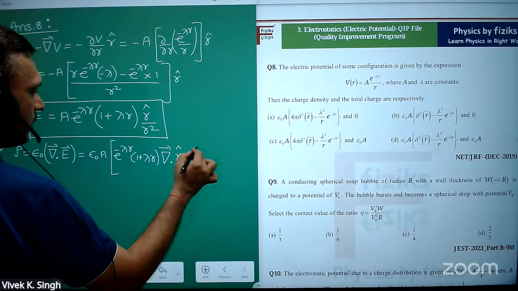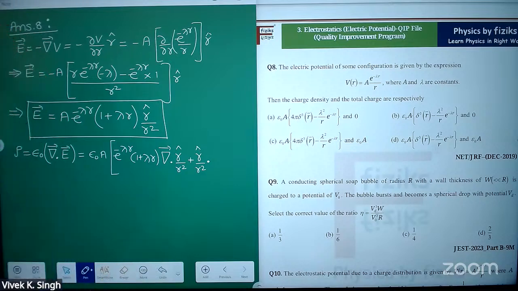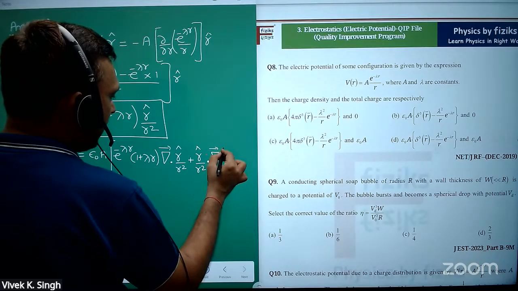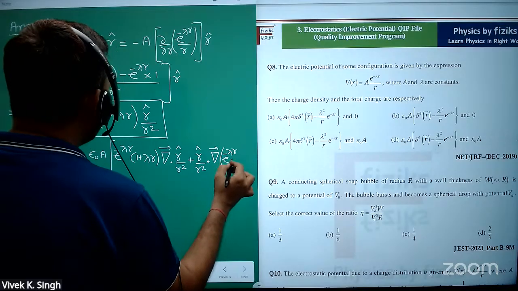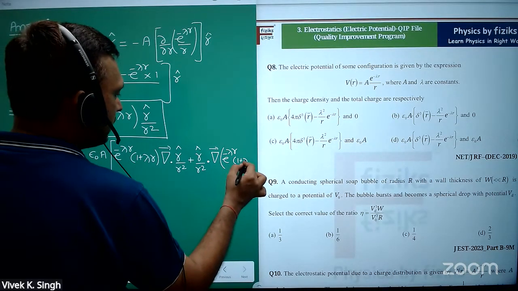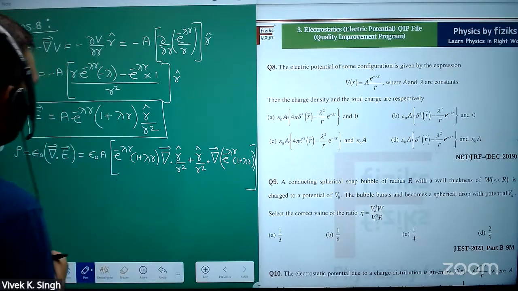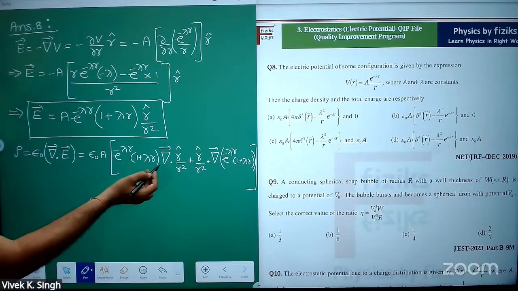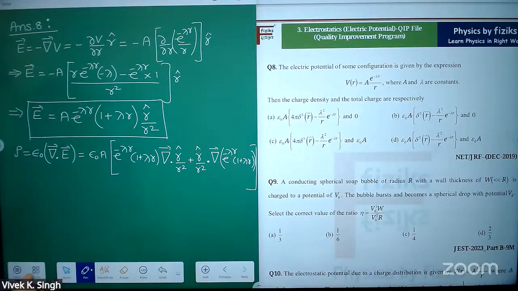plus R cap by R square dot the gradient of e exponential minus lambda R 1 plus lambda R. So let's calculate this. And you know, divergence of R cap by R square is 4 pi Dirac delta function. So use that result.